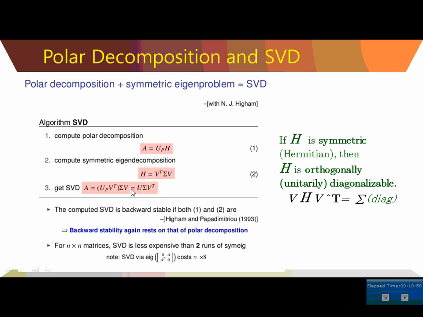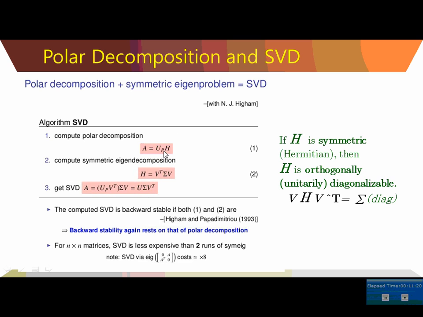Then A can be written as U times sigma times the transpose of the matrix whose columns are also orthonormal, like this. So we have the singular value decomposition.